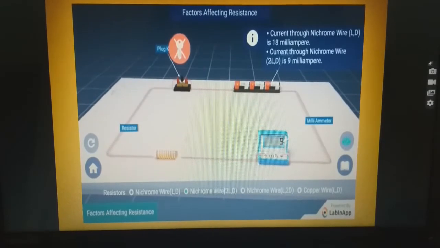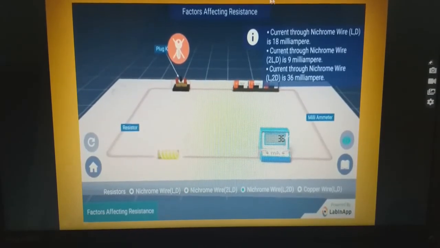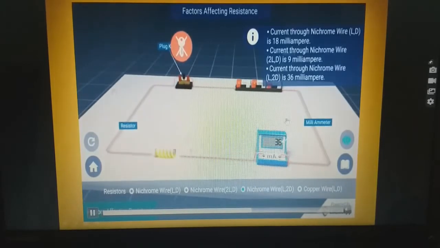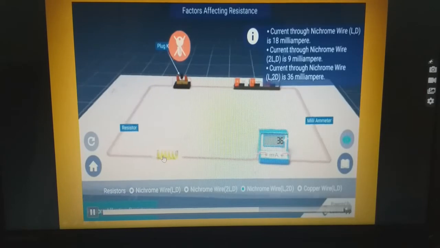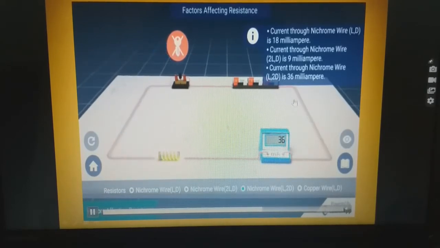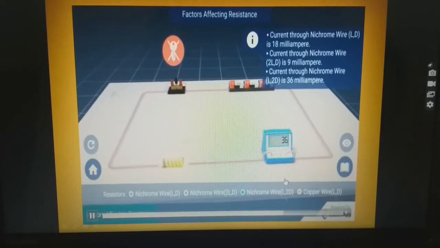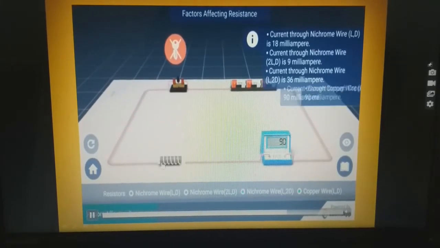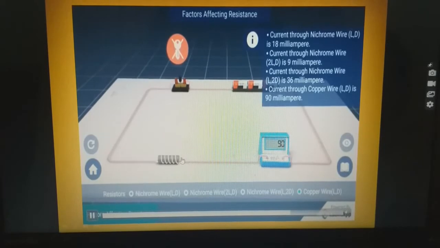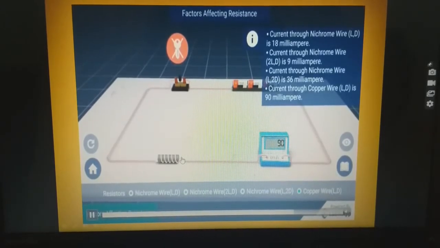One more thing. Current through a nichrome wire having 2D diameter. It means if we are using a thicker wire as a conductor, then the current increases to 36 milliamperes. So in all these activities, we observe that the resistance depends on the length of the wire, and it depends upon the diameter or thickness of the wire.